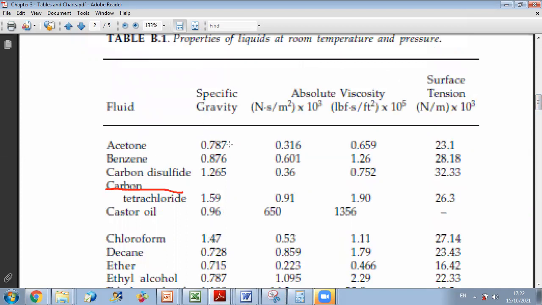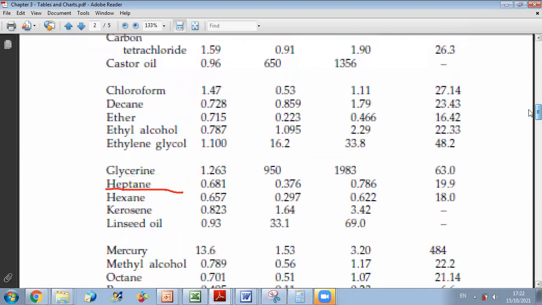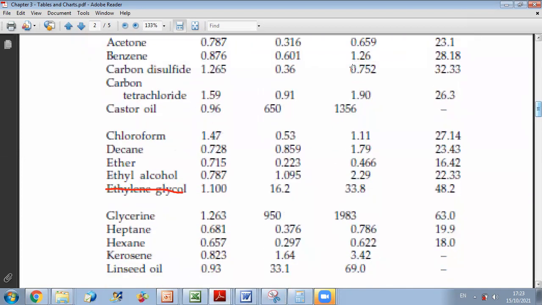We multiply by 1000, we get rho. The second column gives us the absolute viscosity mu. So these are the values we want. Rho is 787, and this is the value of mu. So we are done with the first information.